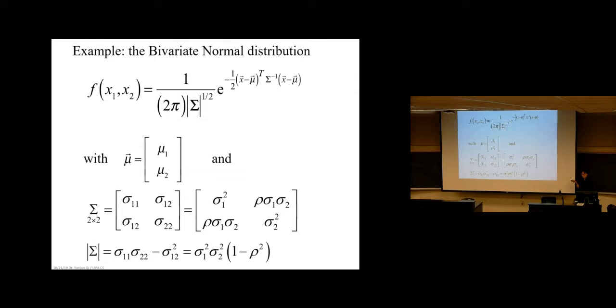The sigma here is the covariance matrix. The diagonal terms are the variance of the first feature and the variance of the second feature. And those off-diagonal terms represent the covariance between x1 and x2. And actually covariance, sigma 1,2, is equivalent to correlation times sigma 1 and sigma 2.